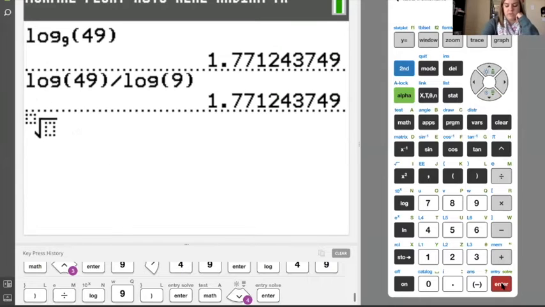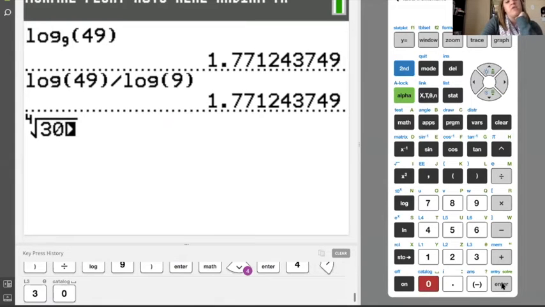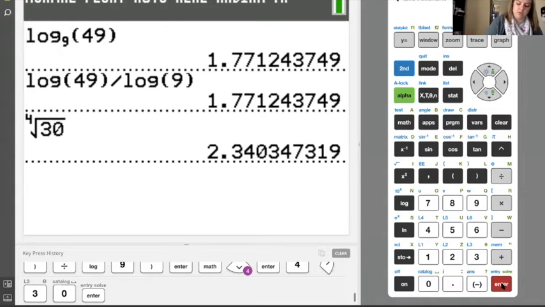That lets us put a different number for our radical. So this would be the fourth root of 30. And if you have an older calculator, you just have to type the 4 before you hit math. And so then this would be 2.34 as our answer.